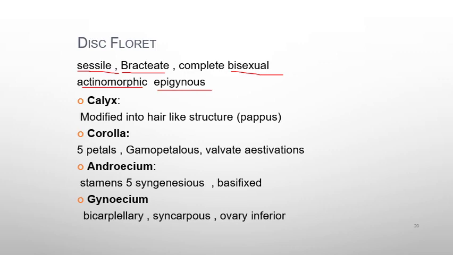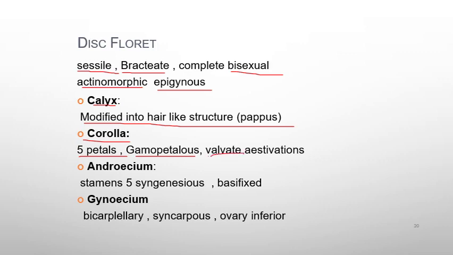Similarly, the calyx in these florets, or sepals, are modified into a hair-like structure that is called pappus. Then the number of petals is 5. They are united together, due to which they are called gamopetalous, and the pappus and petals merely touch each other at their edges, due to which the aestivation is valvate.